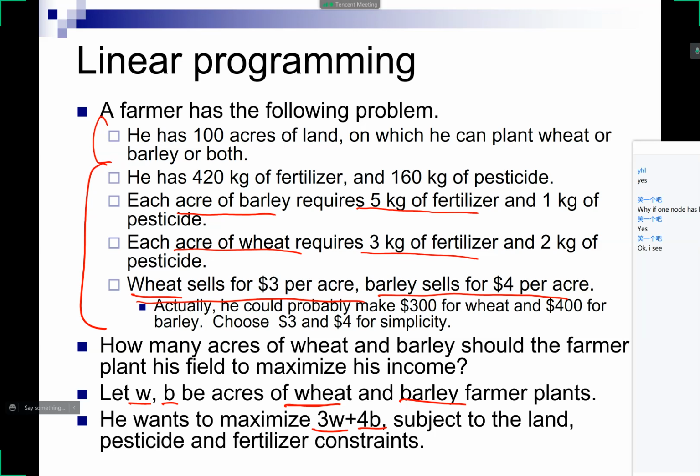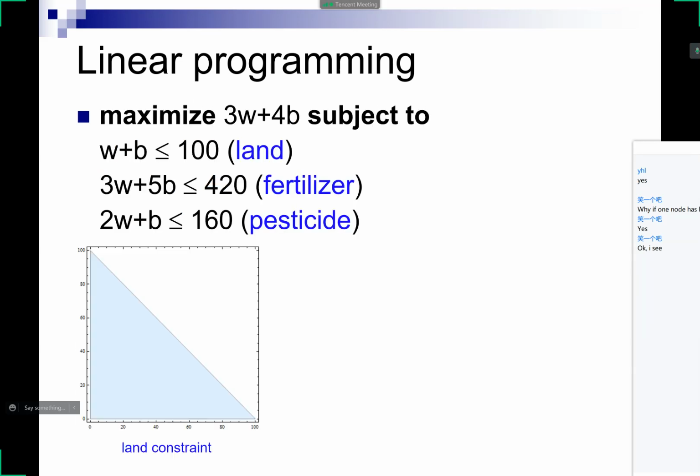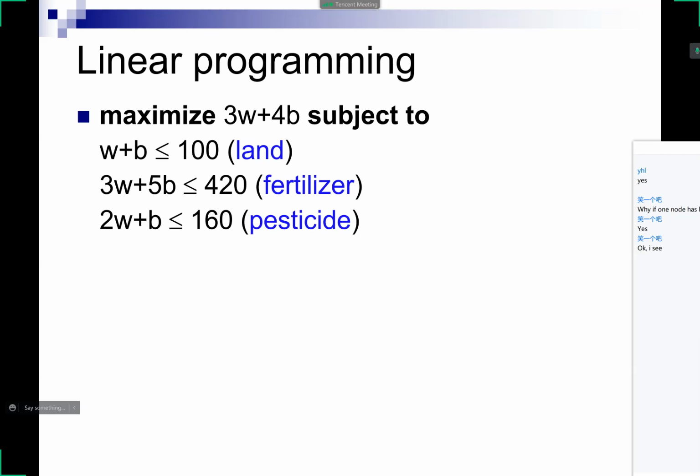All of these constraints can be expressed using linear functions. I'll just show you this, and we're going to go through it more carefully next time. You can phrase the entire problem as a linear objective function subject to these linear constraints.